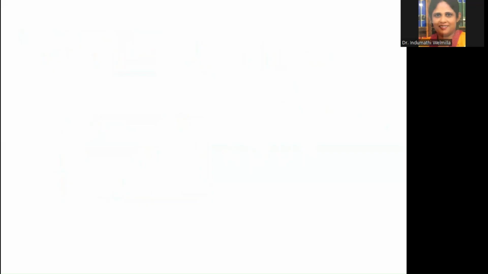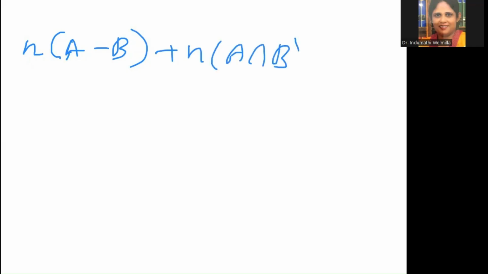Another one is when we deduct B. So n(A minus B), when we deduct B from set A, plus n(A intersection B) always equals n(A). Okay, it's very clear.